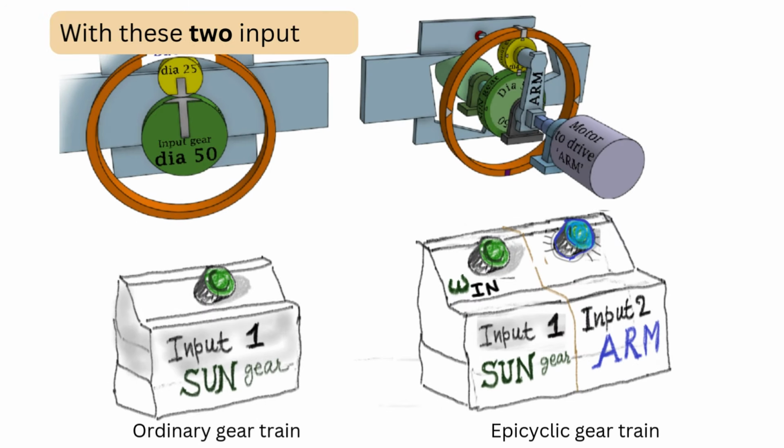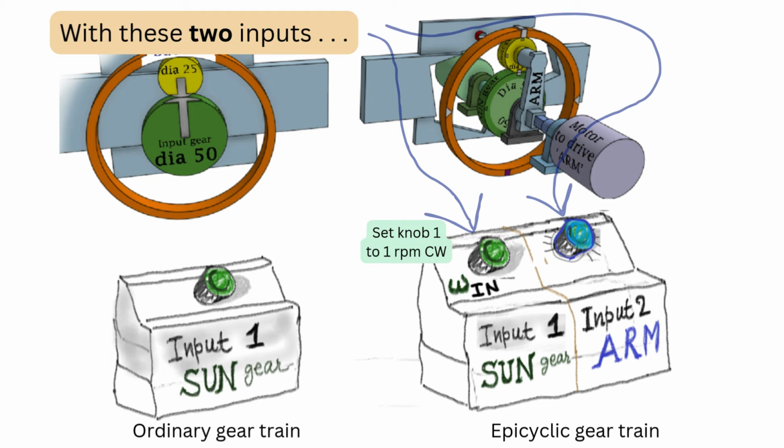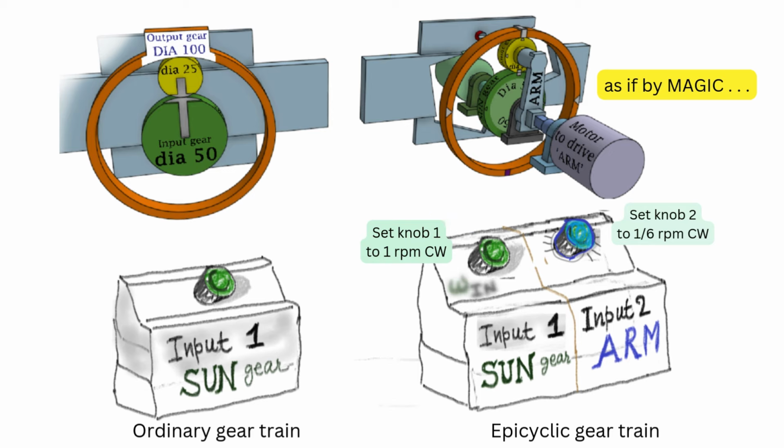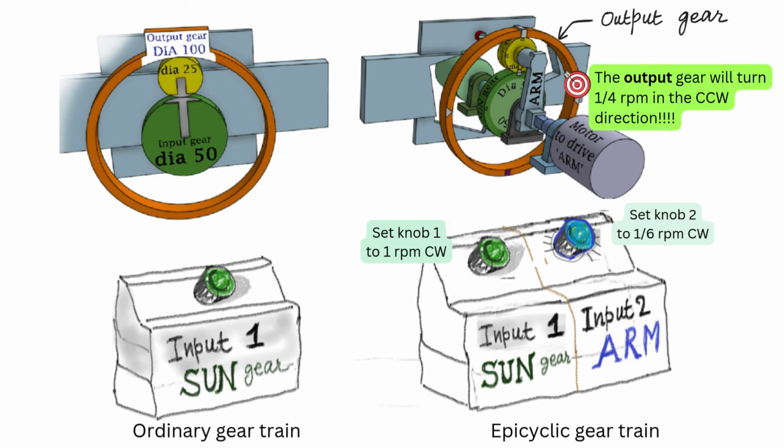Very important to note that now that we have an epicyclic on our hands, for the desired output, the sun gear input speed alone is no longer enough. Arm speed also needs to be set to a calculated value.